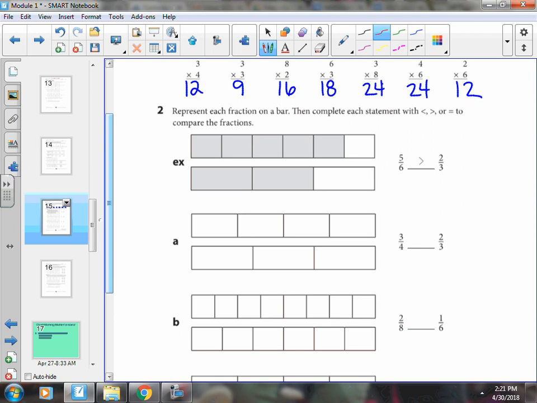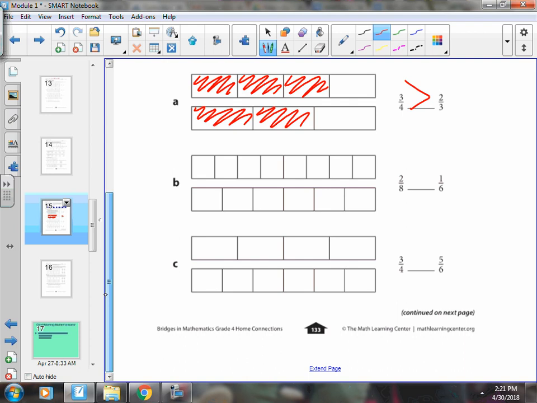Letter A, I'm going to draw 3/4 and compare 3/4 to 2/3. And just looking at my picture, I can tell that 3/4 is greater than 2/3. Letter B, 2/8 compared to 1/6.